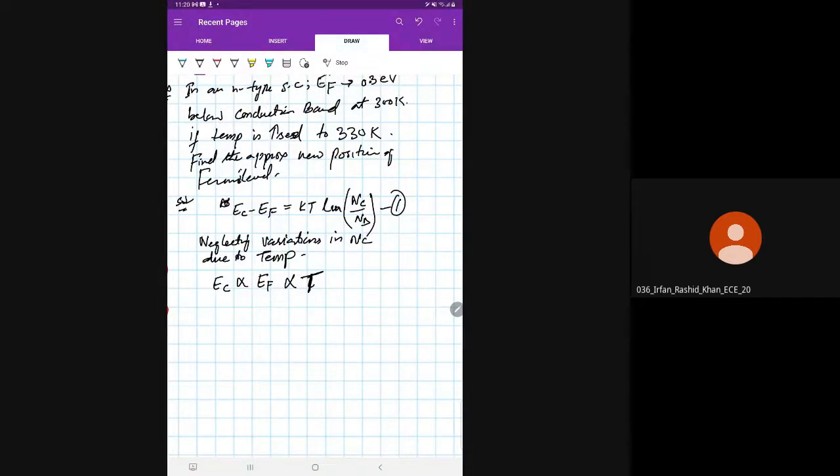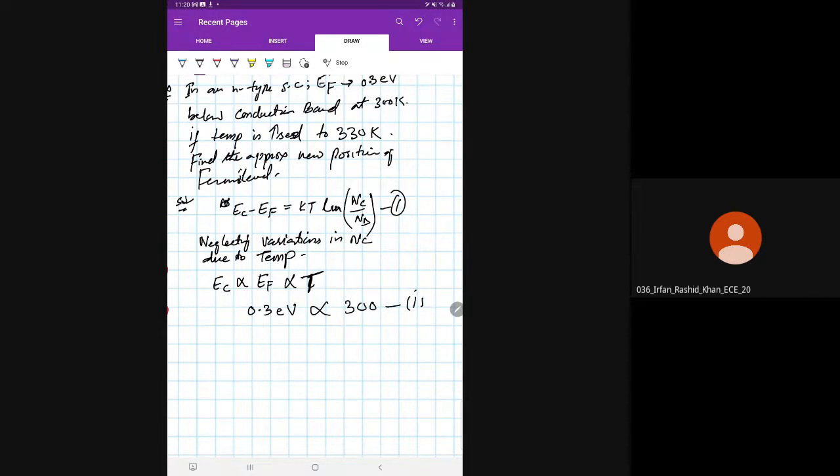And we know that the Fermi energy level was 0.3 electron volt below the conduction energy level at 300 Kelvin. So we can write: EC minus EF was 0.3 electron volt, which is directly proportional to 300 Kelvin. So this will be equation 1.